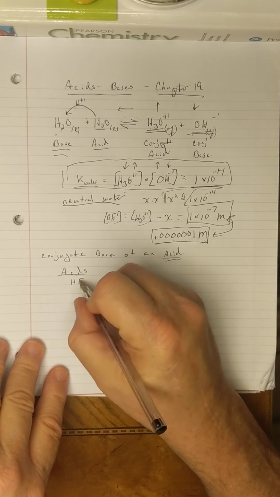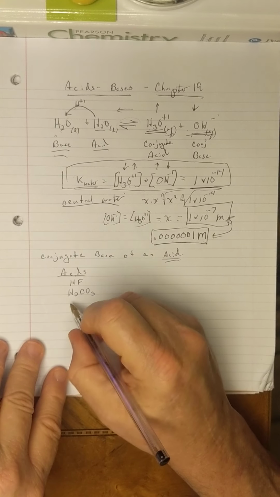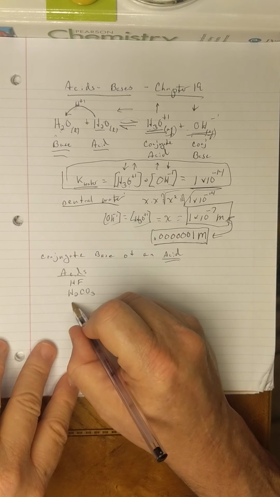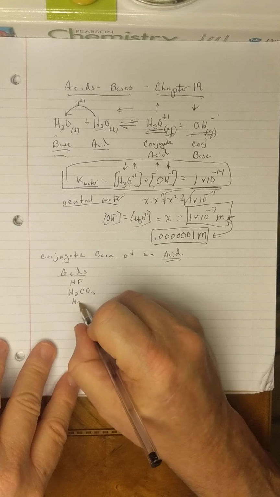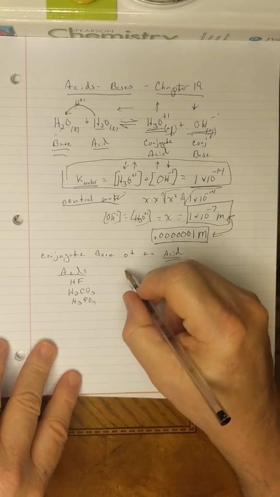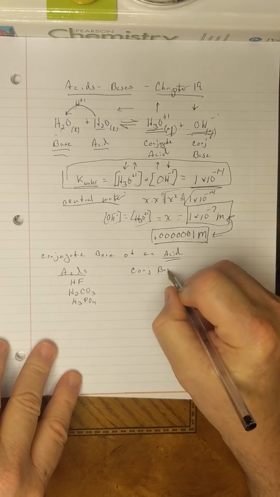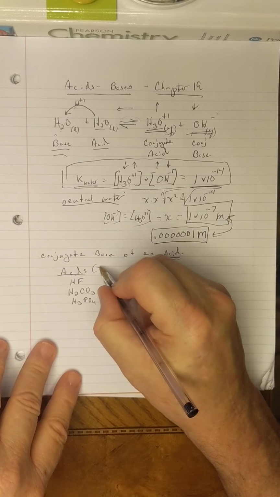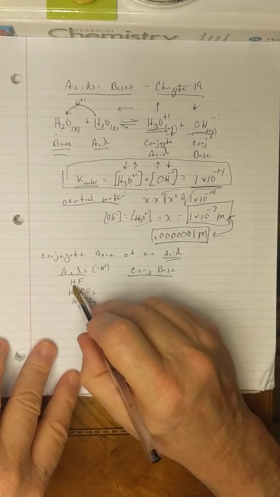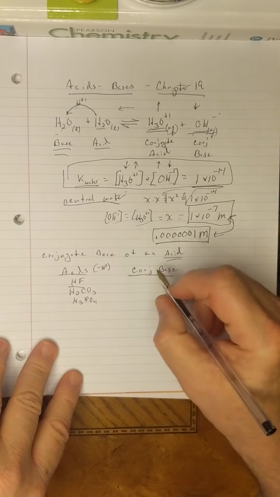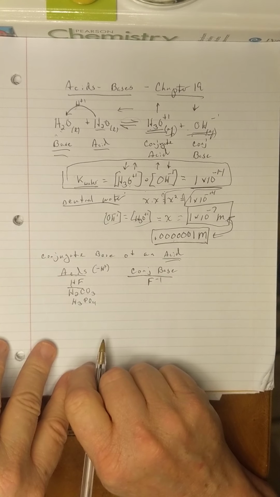If I give you HF, H2CO3, any acid, H3PO4, and I ask you what the conjugate base is, all you have to do is take away a hydrogen. So if HF is an acid, the base of HF is just F.